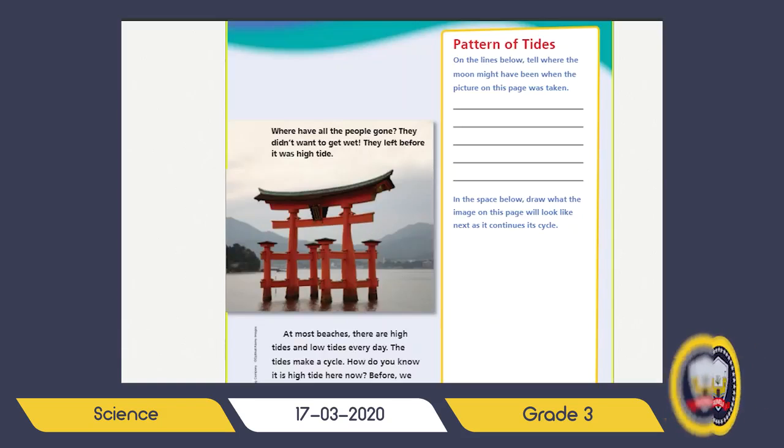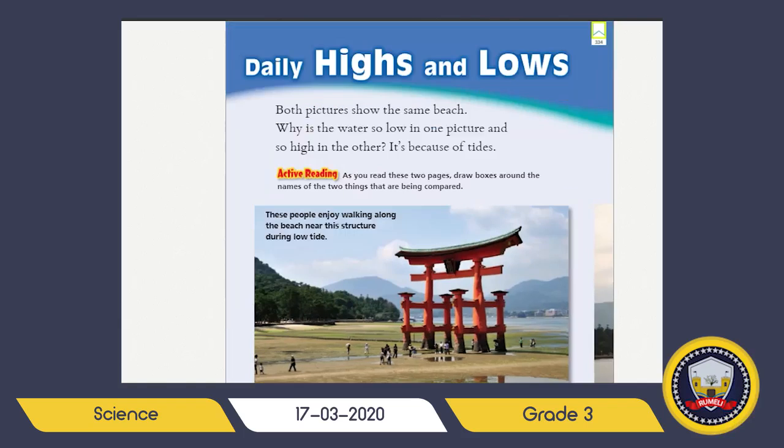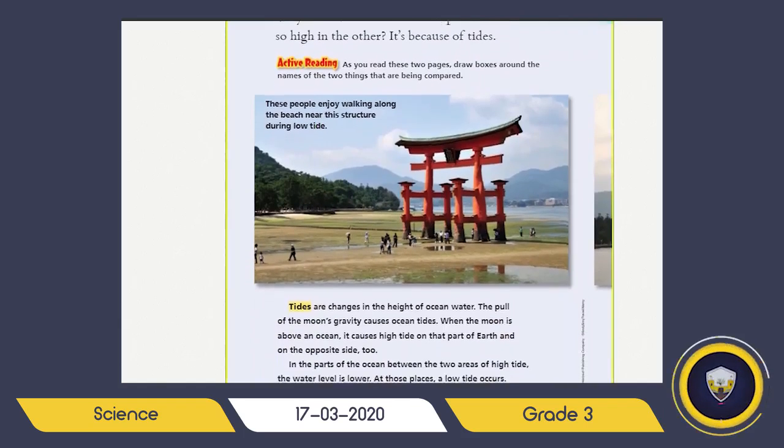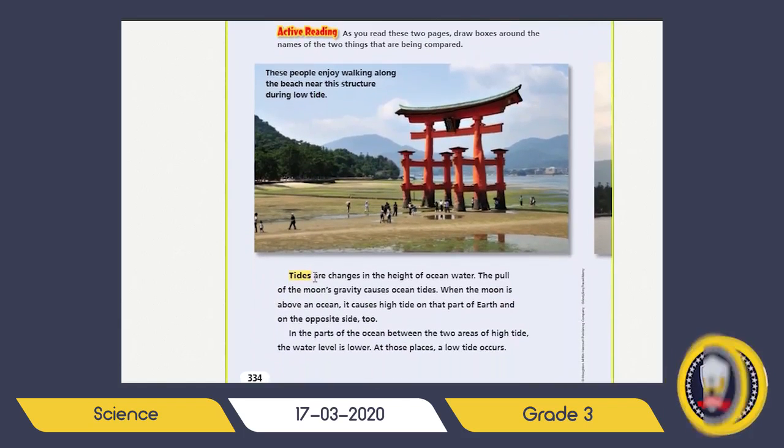Now, let's read the text on this page. Tides are changes in the height of ocean water. The pull of the moon's gravity causes ocean tides. When the moon is above an ocean, it causes high tide on that part of the earth, and on the opposite side too.